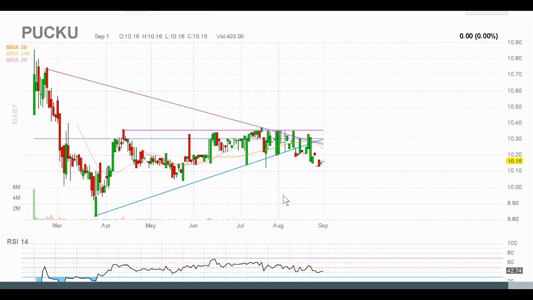Here we are. Doesn't matter what the stock is, it's just an example, but it's a pretty textbook looking symmetrical triangle here. Look at that, right? Resistance level here, going down. Support level here, going up. And finally, which way did it break? Broke below it, and it kept going down, right?